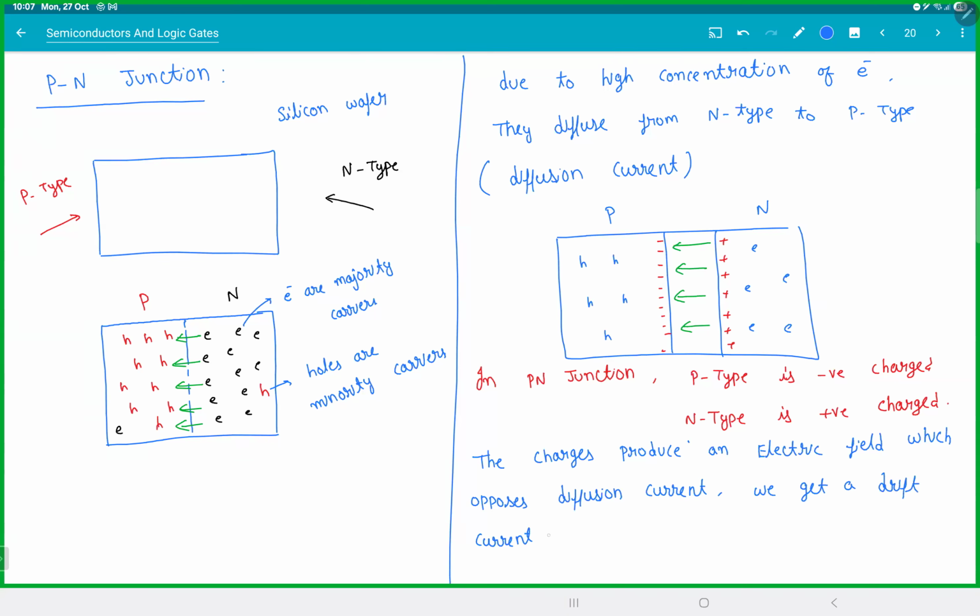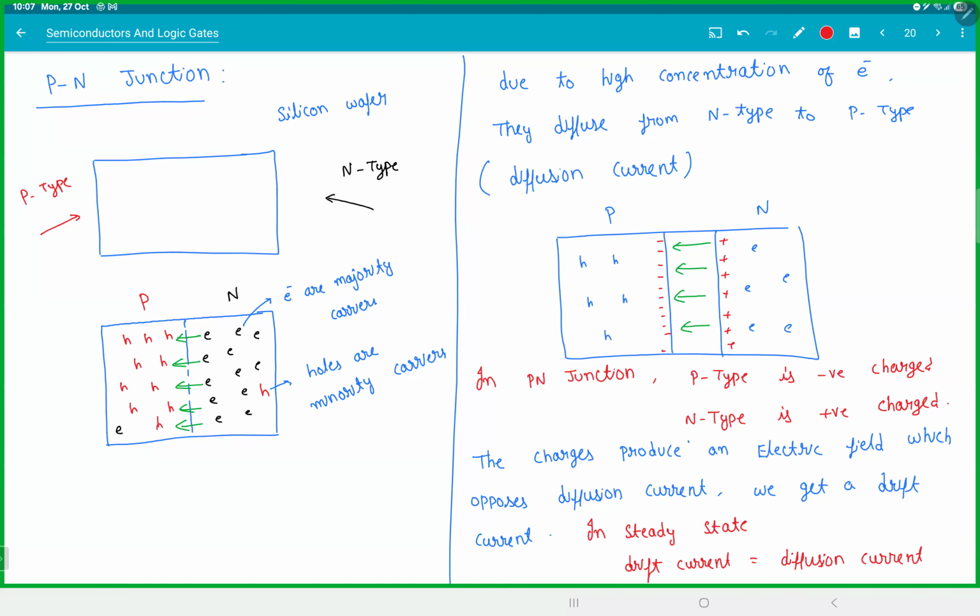So there are two things fighting now: the diffusion current because of the concentration, and the drift current because of the electric field. As this goes on, at some point you'll reach a steady state. They will reach an equilibrium. Drift current becomes equal to the diffusion current. So electrons are jumping, they're coming back. This is clear, everyone.